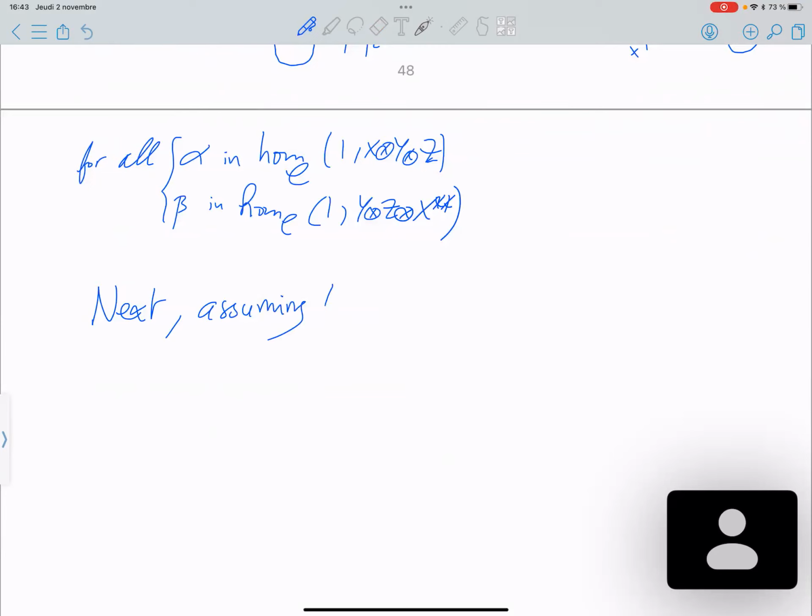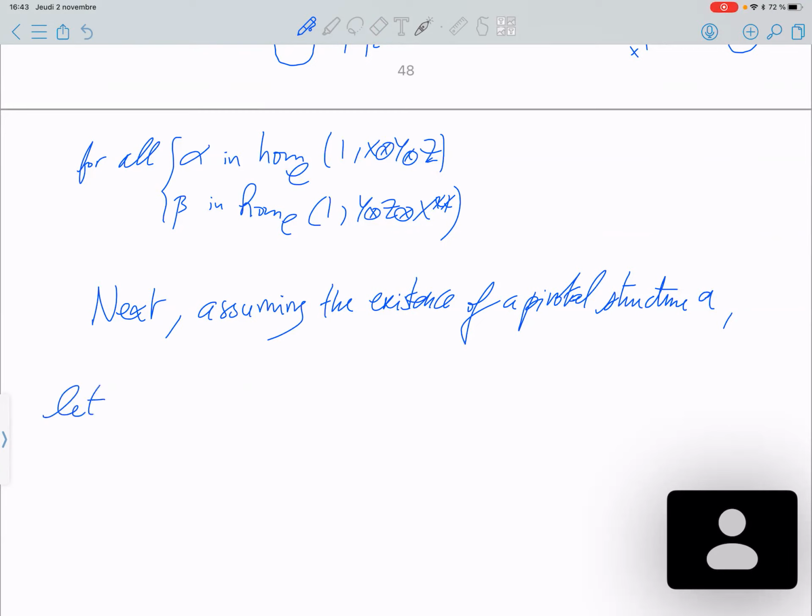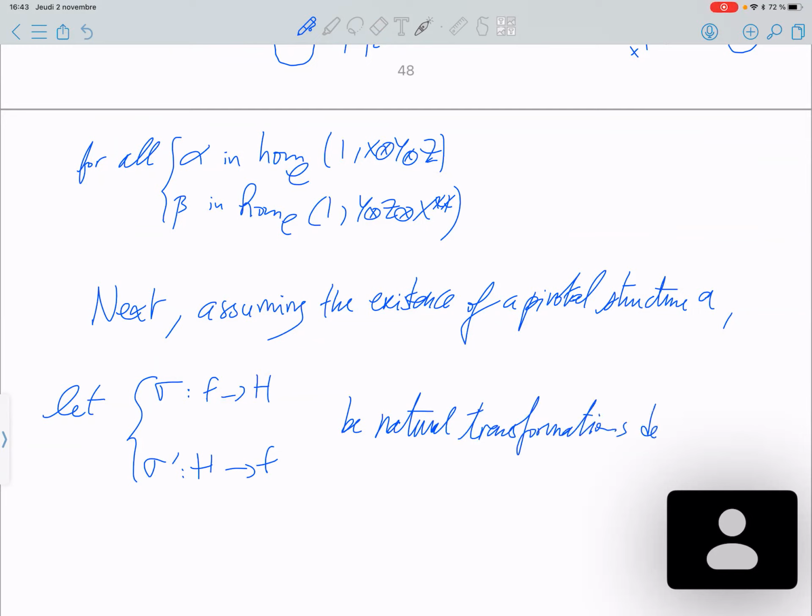Assuming the existence of a pivotal structure A, let sigma and sigma prime be two other natural transformations defined as follows by the following picture.